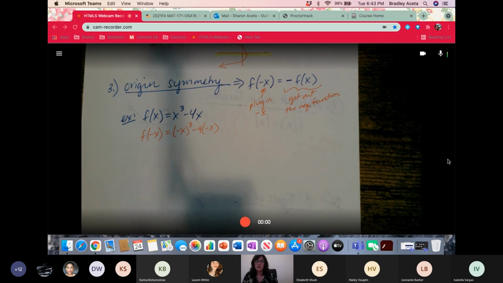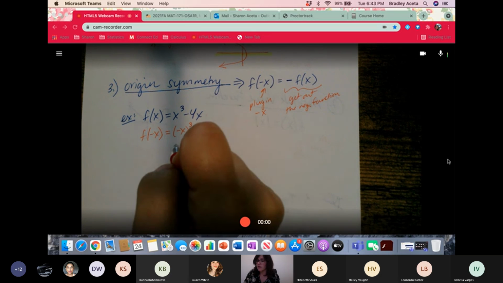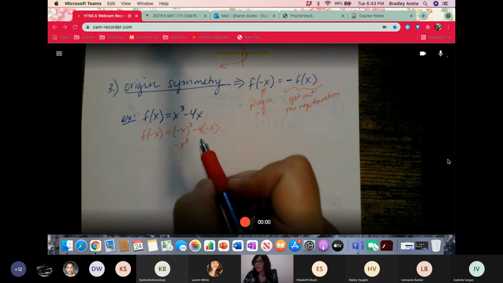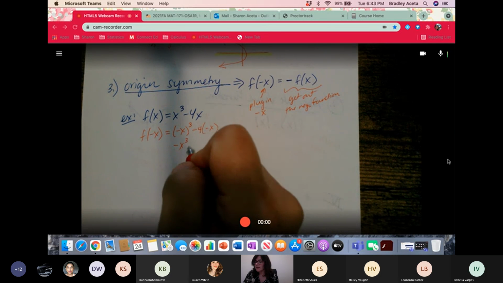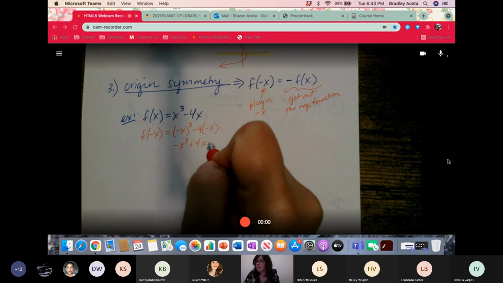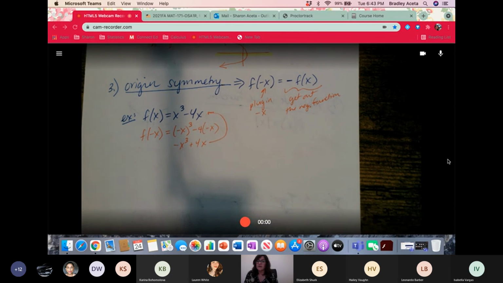Well, negative x cubed means negative x times negative x times negative x. 3 negatives are still negative, so it's negative x cubed. Negative 4 times negative x is positive 4x. That is the opposite sign for each of those terms, which means that the function itself is negative.